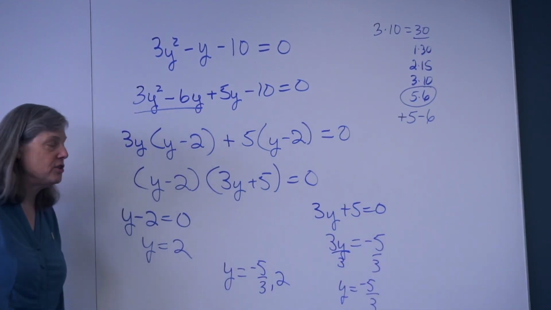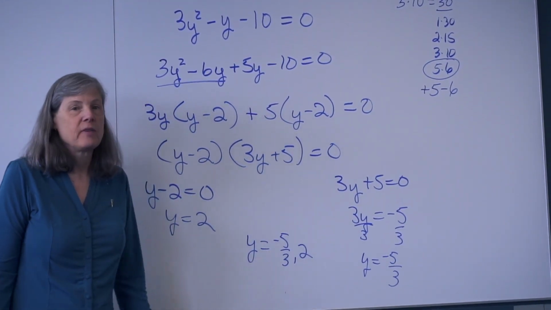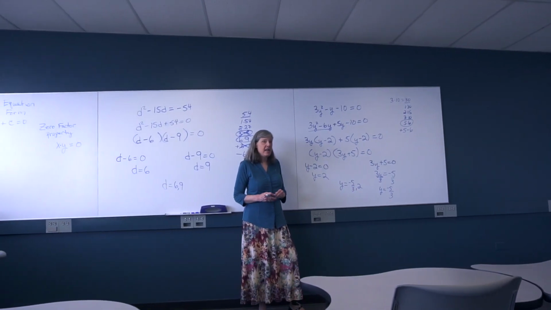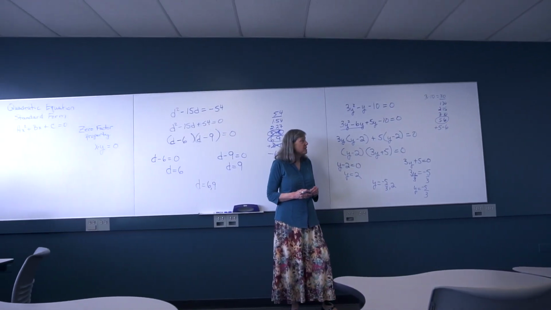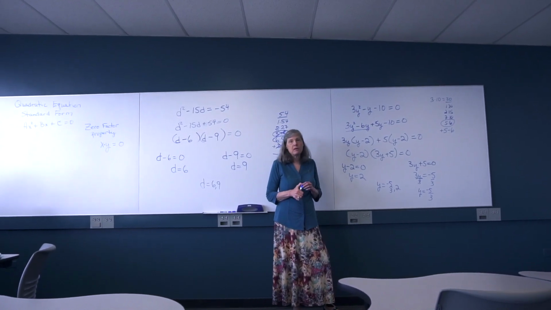And our final answer, y equals negative 5/3 or 2. So, this is all about Rule 3A and 3B. Next, we're going to go on to special factoring forms, patterns.